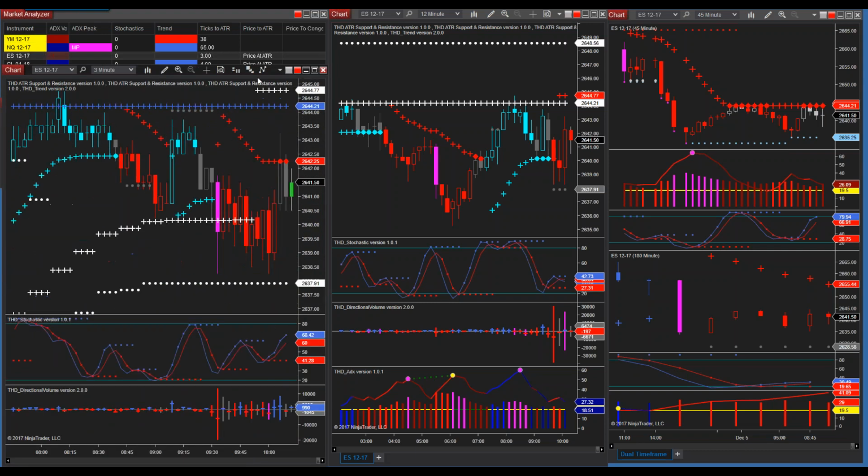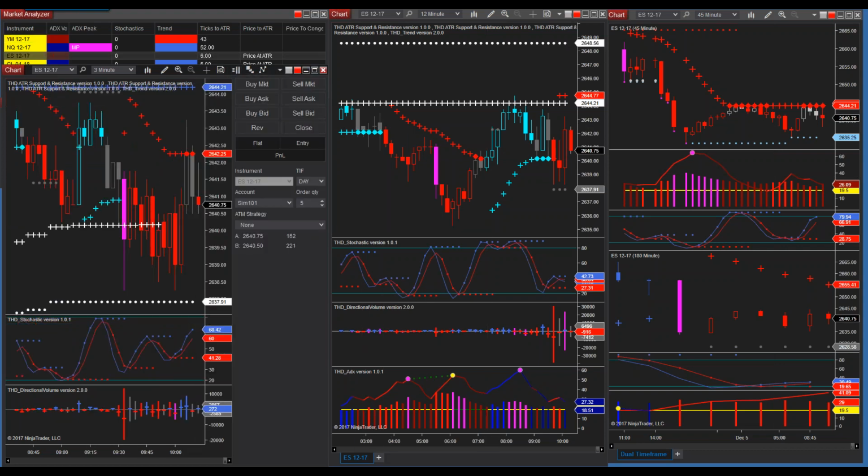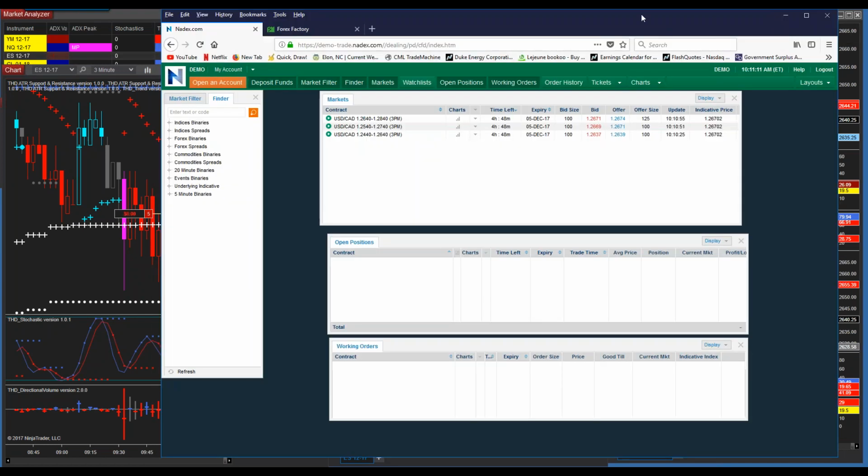Now on this one, there are a couple of ways that you can trade this. You have the 12-minute above price, the blue and the red. Now, what you can do is trade this on the ES, but you can also come over and do this on the indices binaries as well.